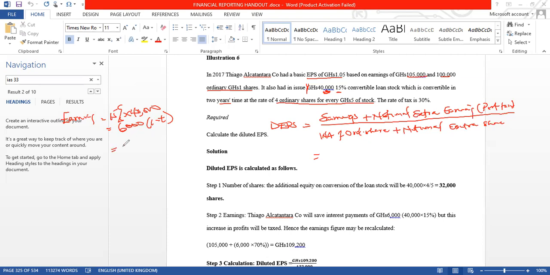So 6,000 into brackets 100% minus the tax of 30%, or 1 minus 0.3, which is 0.7. That gives us the notional earnings we are coming to add in: 4,200.